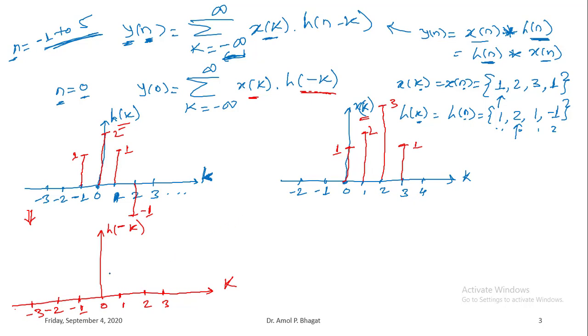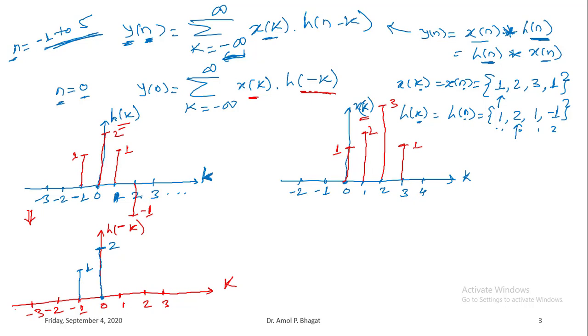The origin sample will be as it is, so at 0 this same value will be there. We have seen this folding operation in previous sessions, right? So at origin 2 will be there. The value present at time unit 1 will now be present at -1, so at -1 1 will be there.